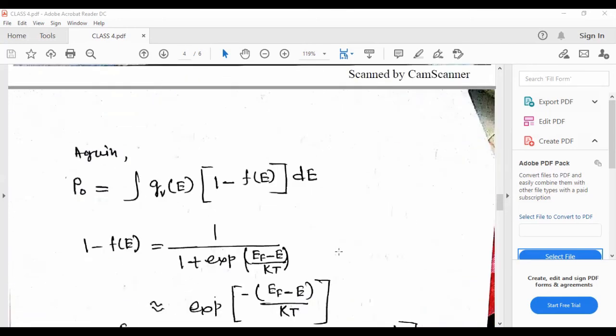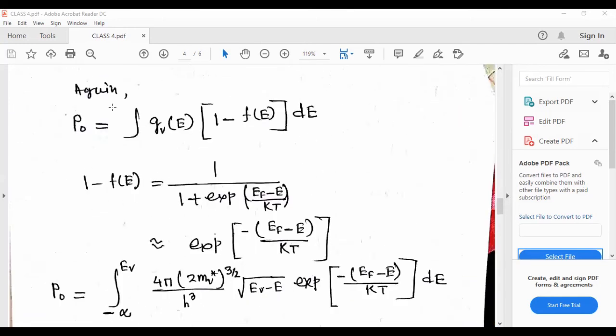If we do the same for the valence band, the total number of holes available in the valence band is the integration over gv of E, where gv of E is the effective density of states of the valence band, into 1 minus Fe, dE. This was our equation.